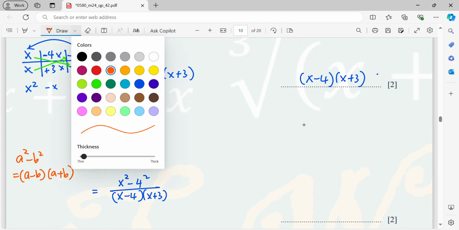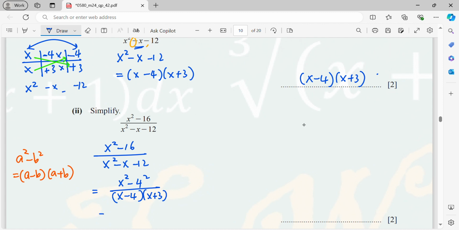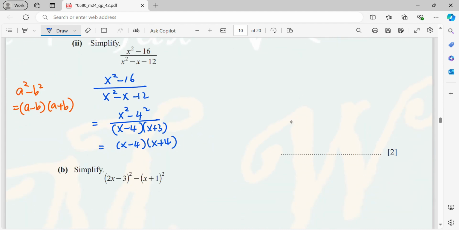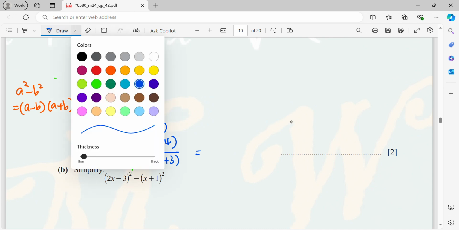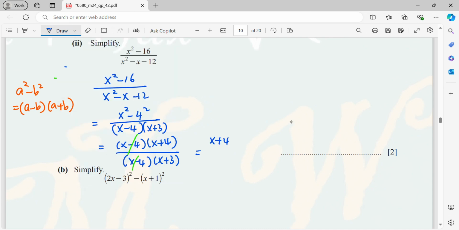So this becomes x minus 4 times x plus 4 over x minus 4 times x plus 3. The x minus 4 can be cancelled off. So at last, you are getting x plus 4 over x plus 3. That is the simplest answer.